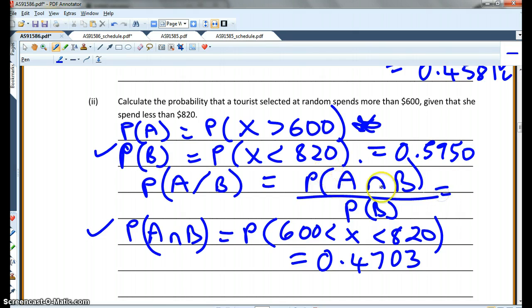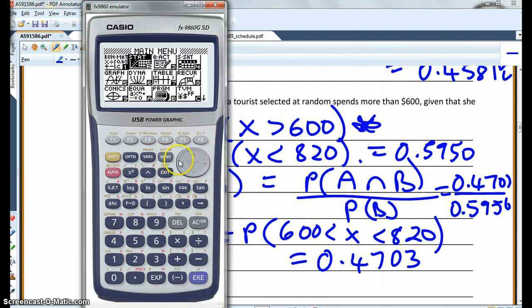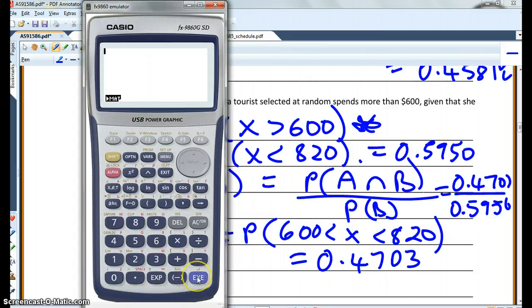So A intersection B is 0.4703, probability of B is 0.5950, and so we go back to here and 0.4703 divided by 0.5950 was 0.7904.